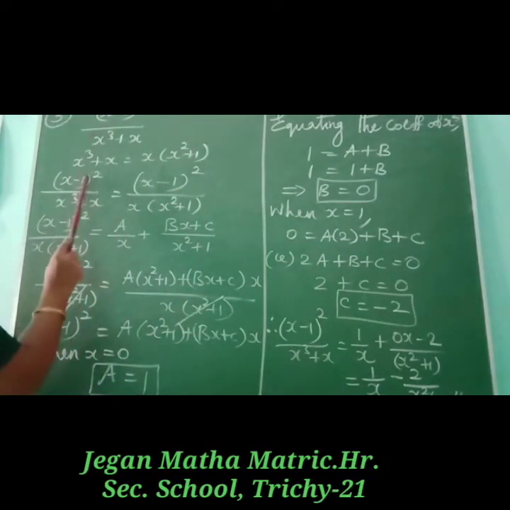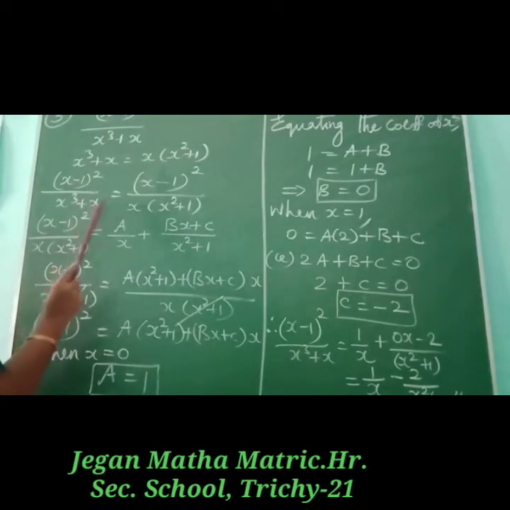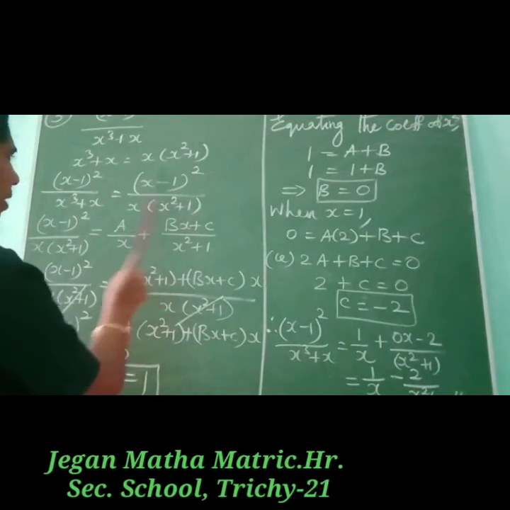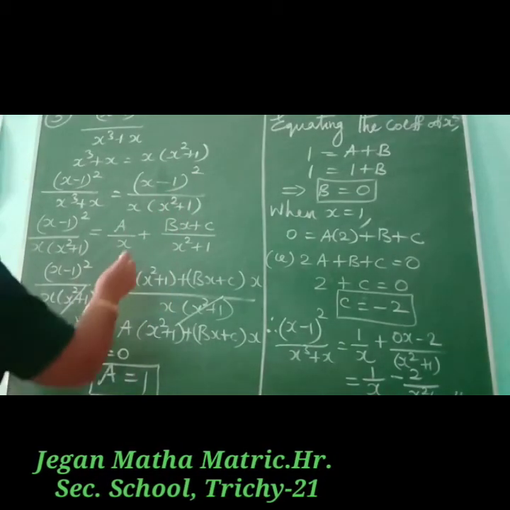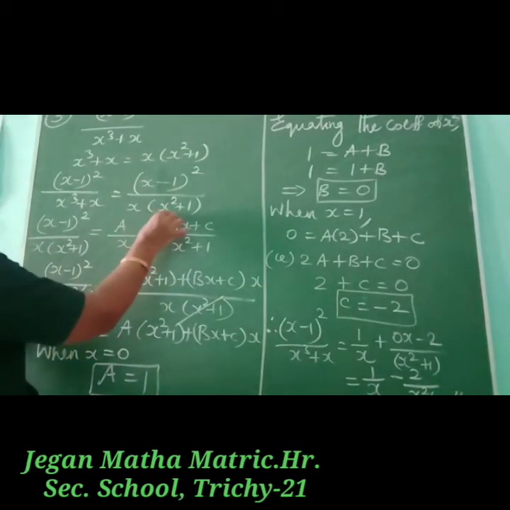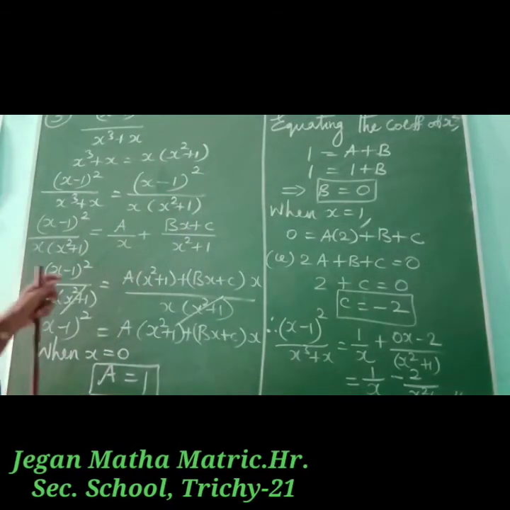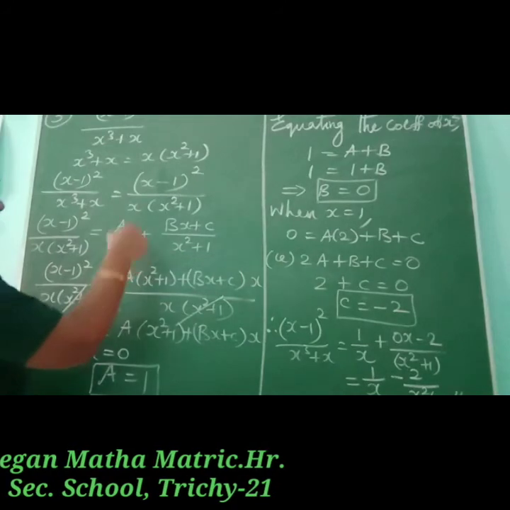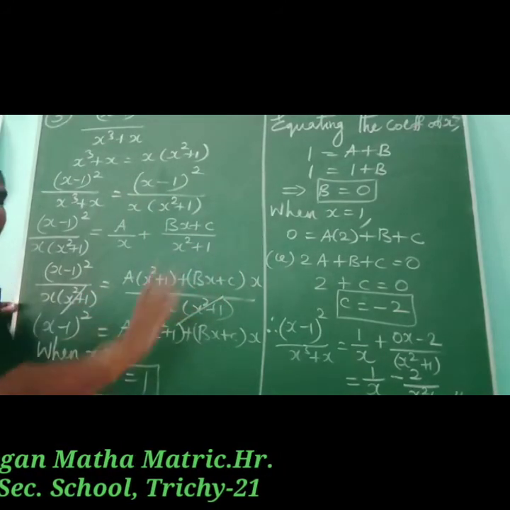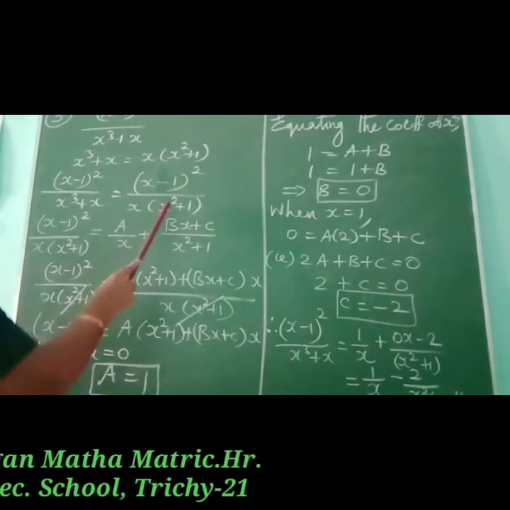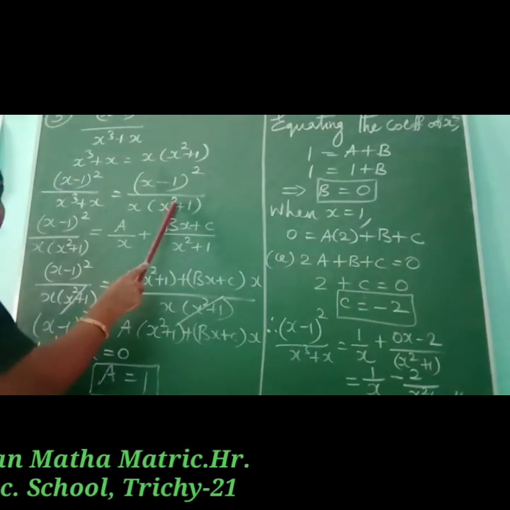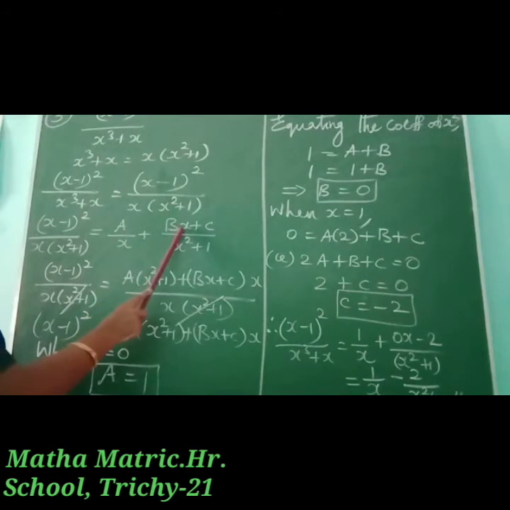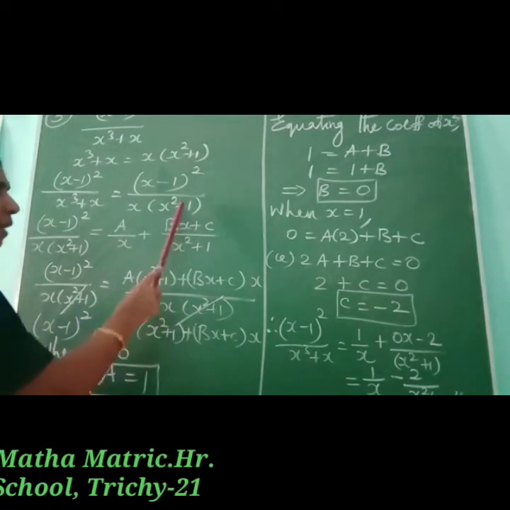So x minus 1 the whole square divided by x cube plus x is x minus 1 the whole square divided by x into x square plus 1. If you have a linear factor, we write a divided by one factor, b divided by the other factor, like that. If it is in quadratic form, that is, the power is 2, then we write bx plus c divided by that factor.